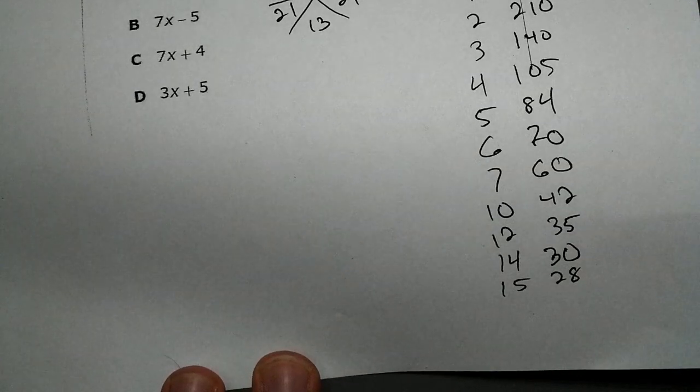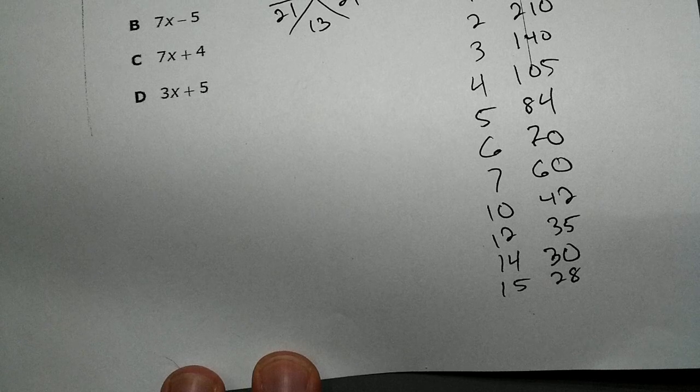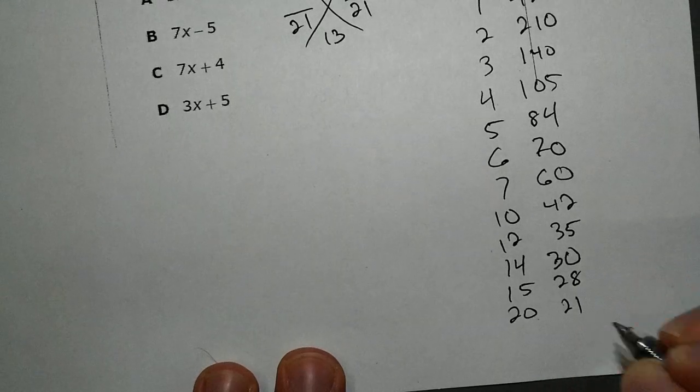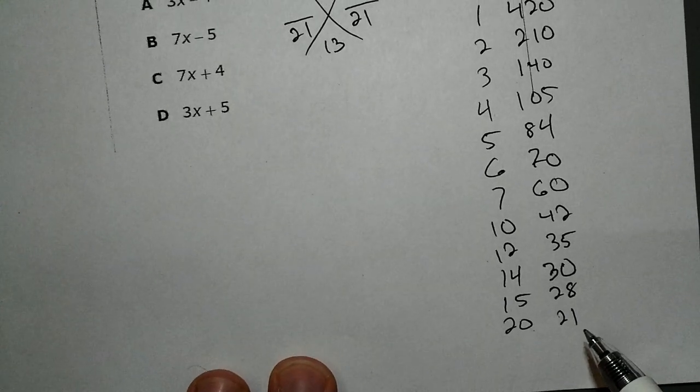Let's try 16. Nope. Let's try 17. Nope. Let's try 18. Nope. Let's try 19. Let's try 20. And we get 21. And obviously, when we hit 21, that's our repeat.